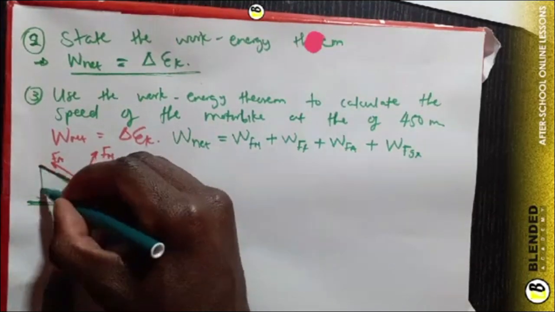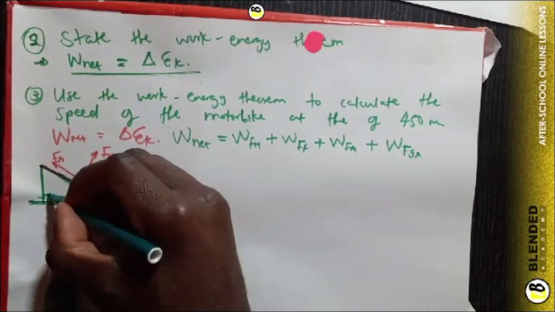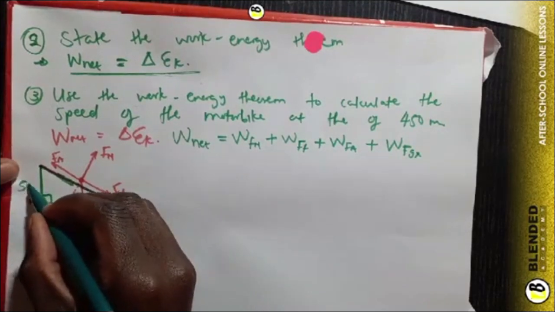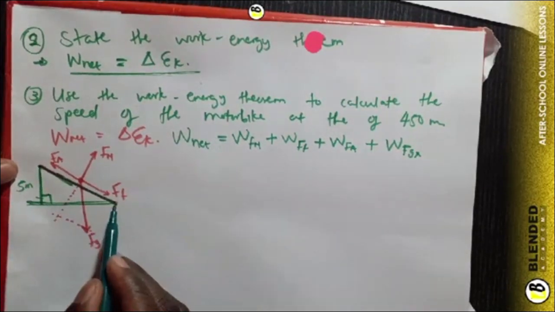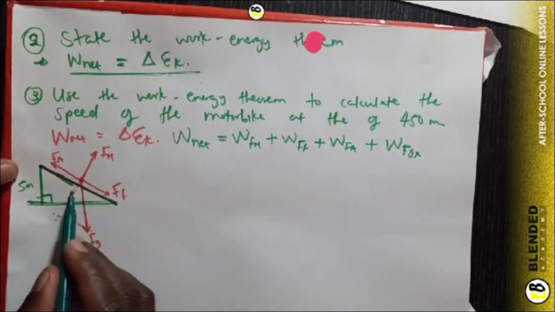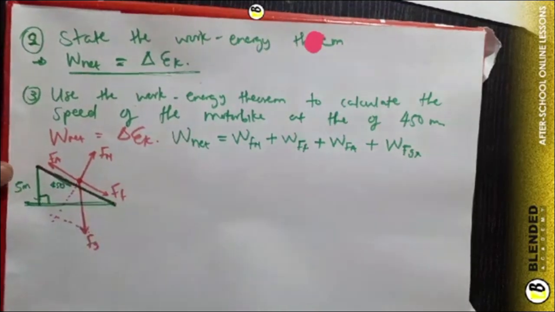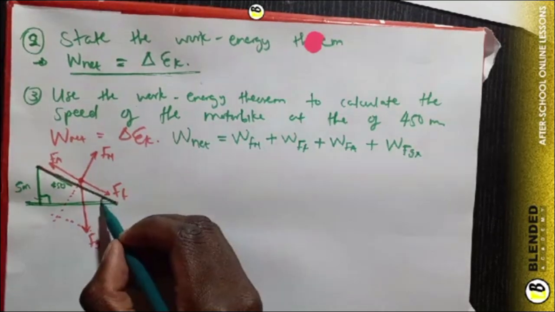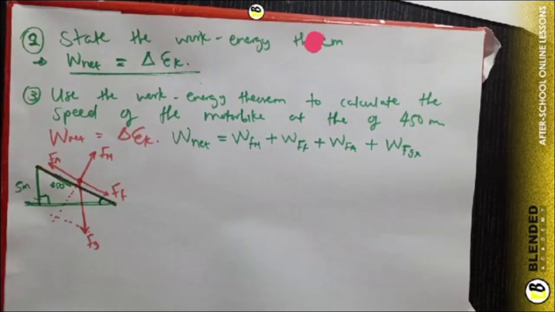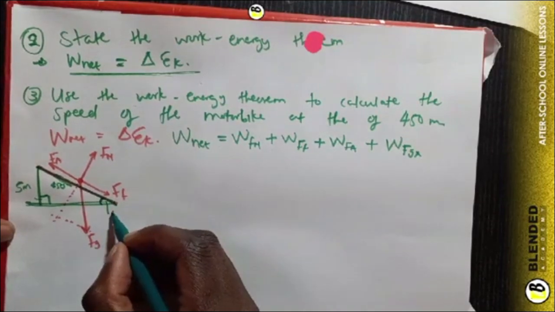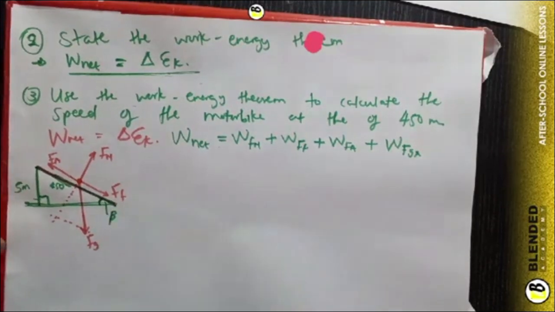All right, so here in this case, we have a right angled triangle. We're given the opposite side, which is 5 meters. And then the hypotenuse is the length of the track, which is 450 meters, all right? That's the hypotenuse, 450 meters there, okay? So for us to find this angle here, we just need to use sine. So let's call it angle beta, all right?